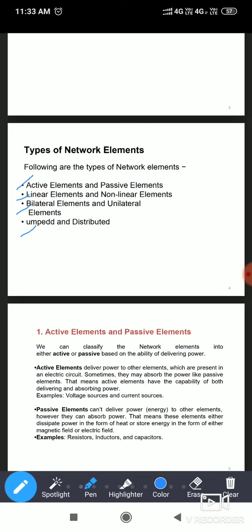And the last one is lumped and distributed. Actually, there was a spelling mistake, I will make the correction. So these are the four types: active and passive elements, linear and non-linear elements, bilateral and unilateral elements, and fourth one is lumped and distributed.